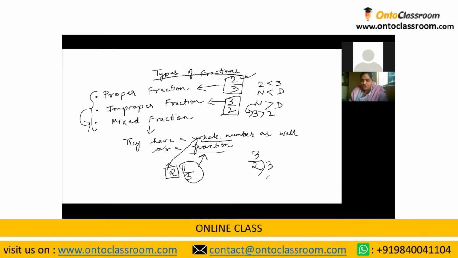So our fraction will become: this quotient will be the whole number part. So 3 over 2 will be equal to 1, and the remainder will form the numerator, so 1 over, and the divisor will form the denominator.